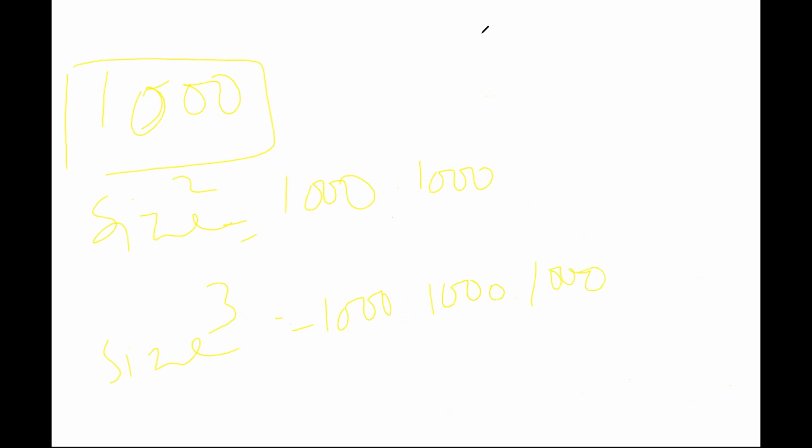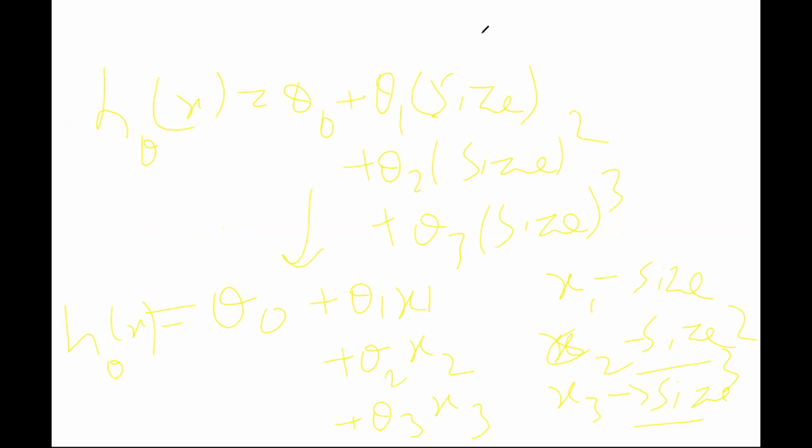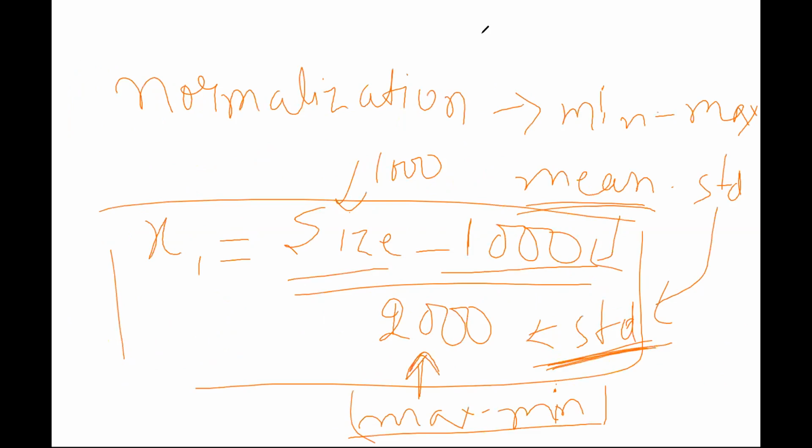So to avoid this expansion of the values, what we can do is take h of theta as theta naught plus theta 1 into size plus theta 2 into root of size.